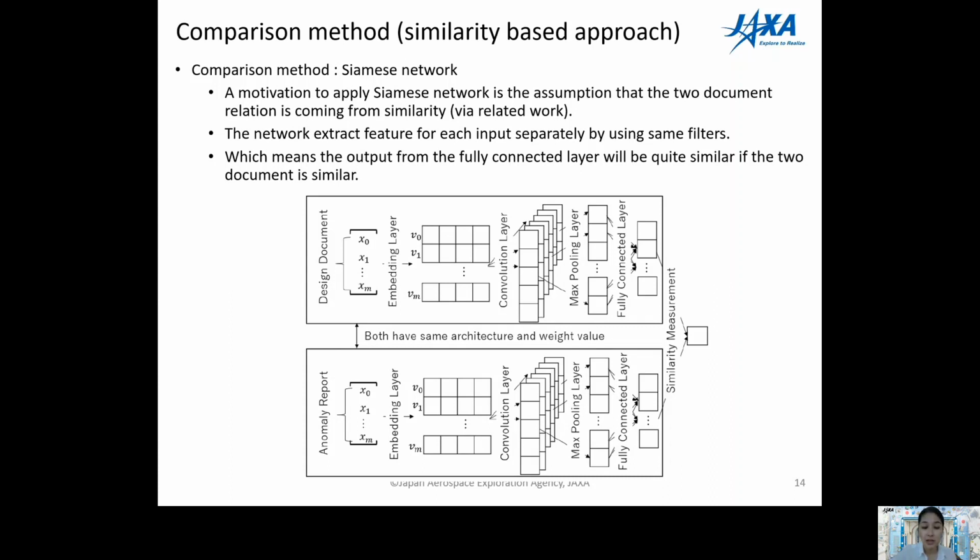That means if the design document and anomaly report are similar, the output from the fully connected layer will be quite similar. And if the precision rate from this network is high, the relation can be explained by the similarity. So we selected this network as the comparison method.